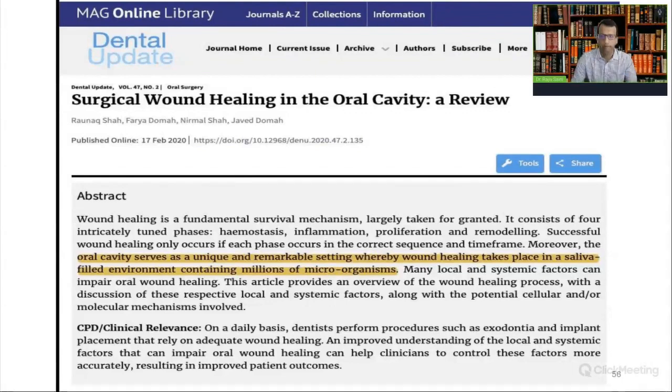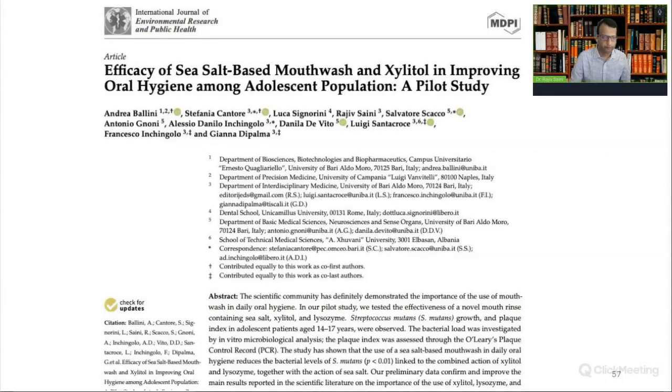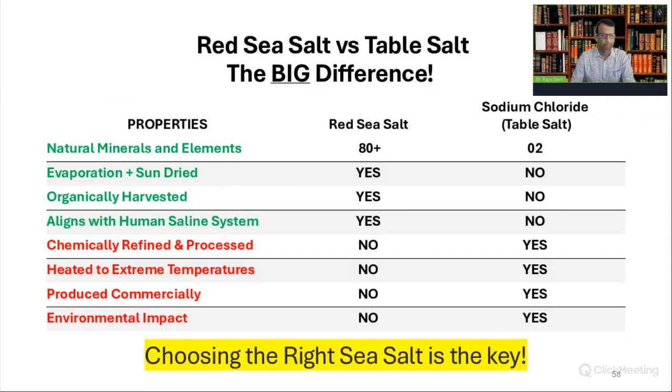That can only be maintained if the good bacteria is supplemented with the right amount of minerals, the right pH, and the right environment where they can repopulate and overpower the bad bacteria. It's very important to understand why sea salt is so important in today's world of oral care.